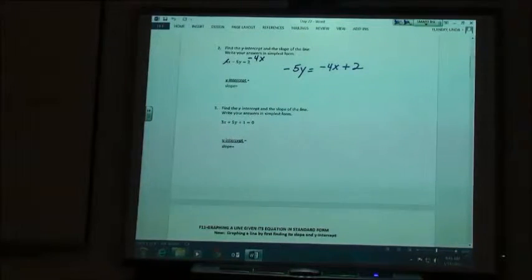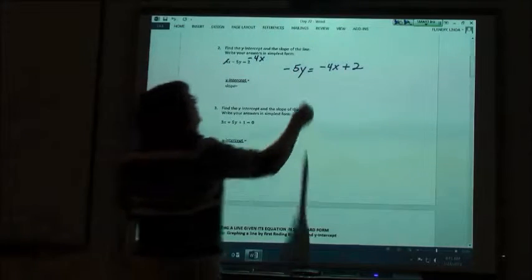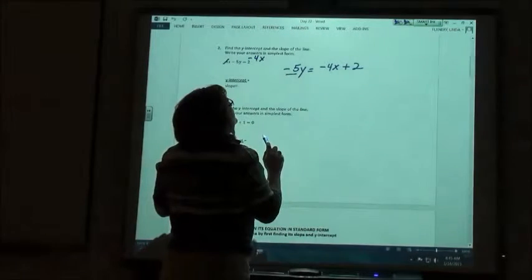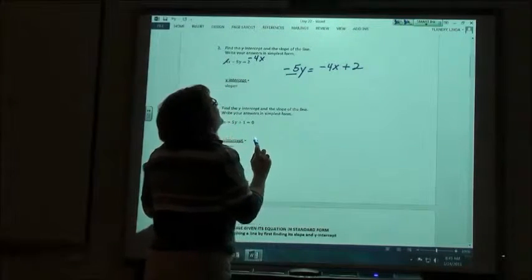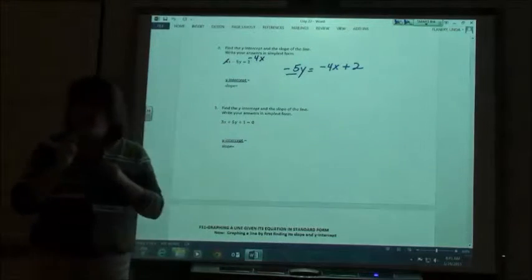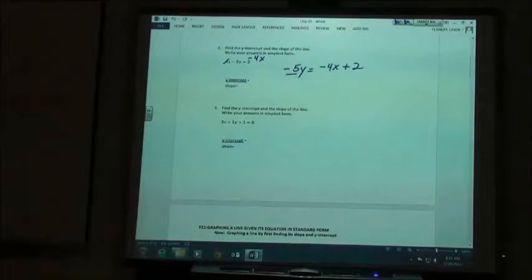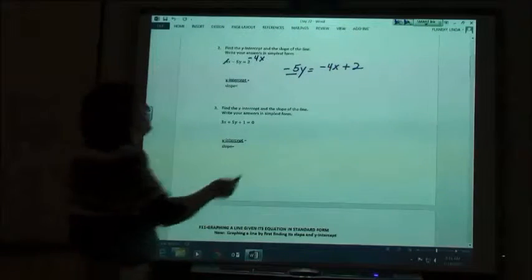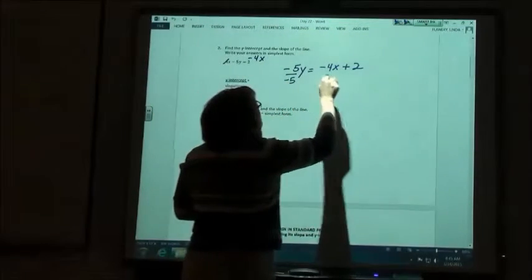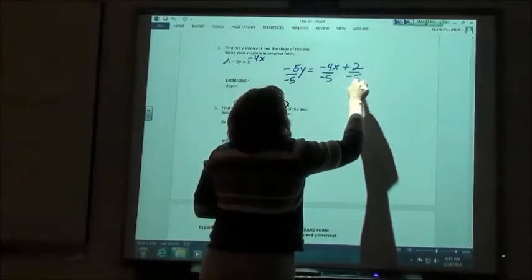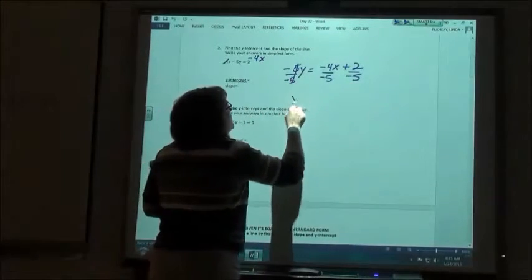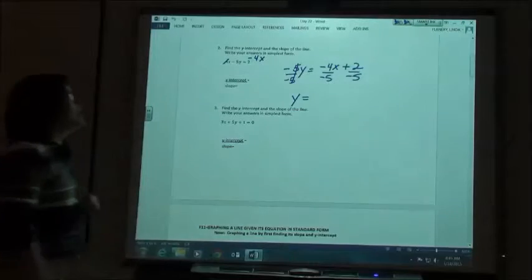And then I'm going to divide by the negative 5. Right? That's a negative 5 I'm going to divide by. That gets the y by itself.